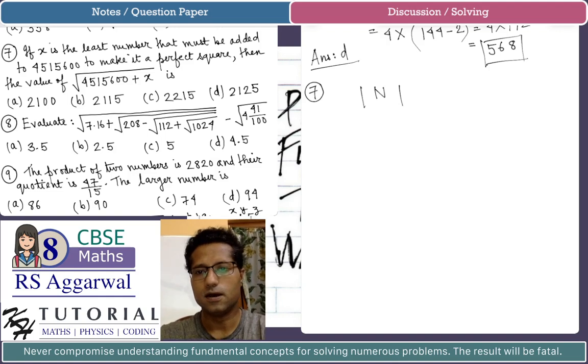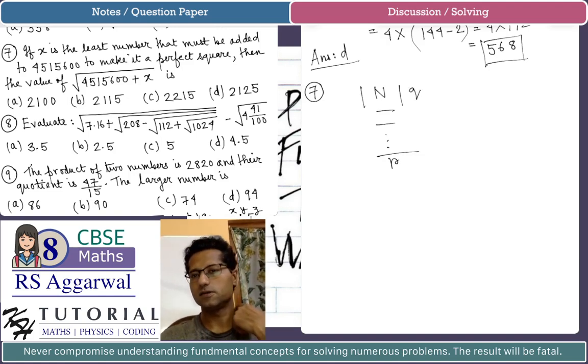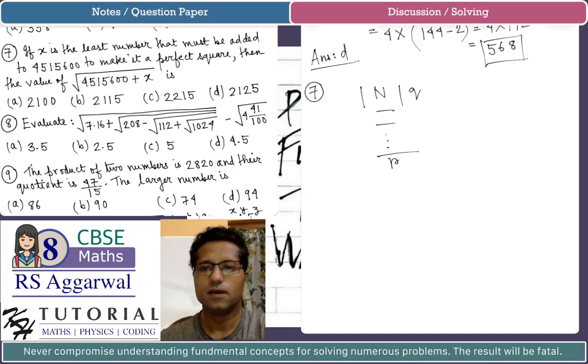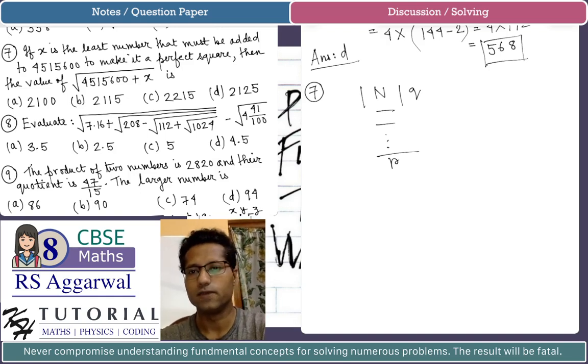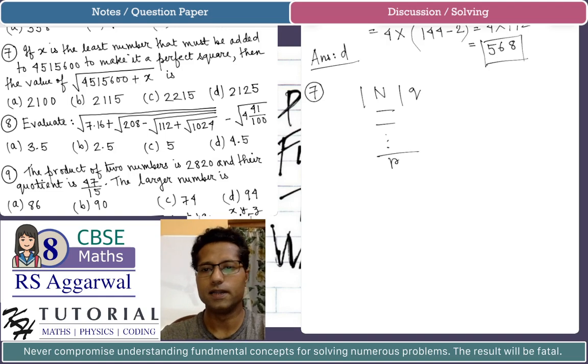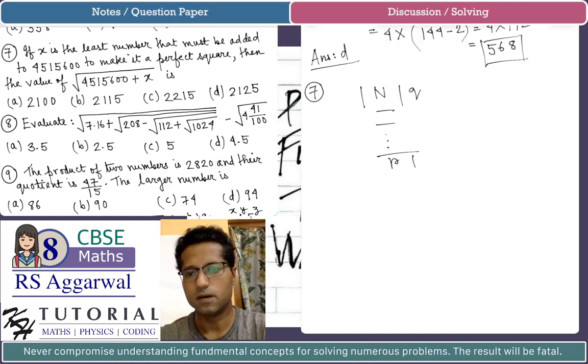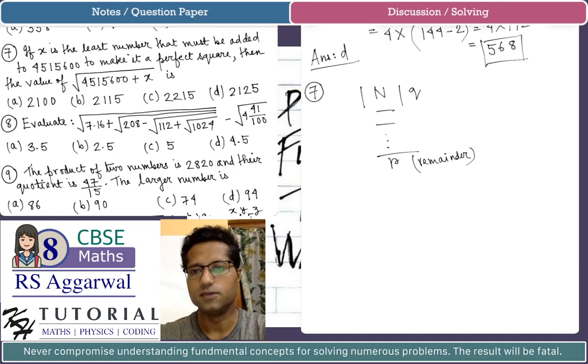The final remainder is r, and the final quotient is q.